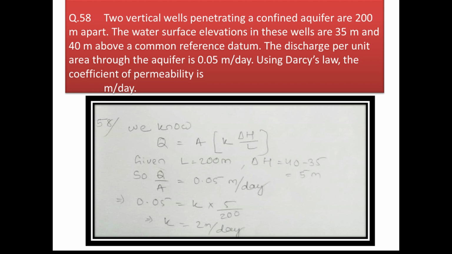Now we know that Q equals A whole into K del H by L, and here we have given L equals 200 and del H equals 40 minus 35, that is 5 meters. So Q by A equals 0.05 meter per day. Now Q by A equals K into 5 by 200, because Q by A equals K del H by L, and del H equals 5 and L equals 200. Okay. And if you calculate, the value of K comes out to be 2 meter per day.